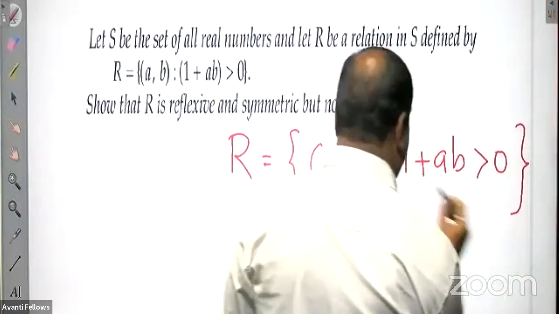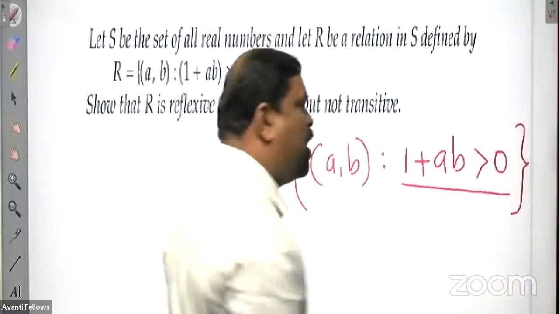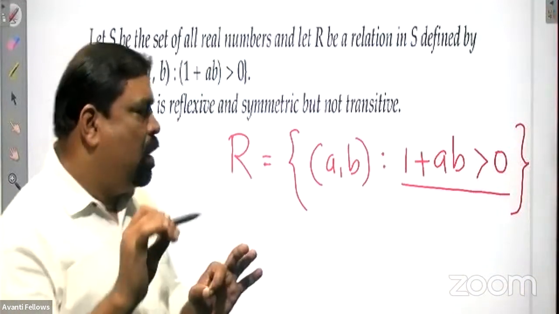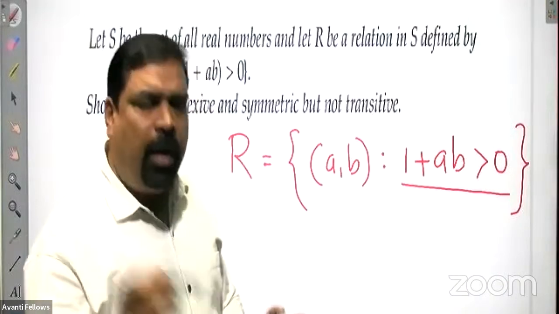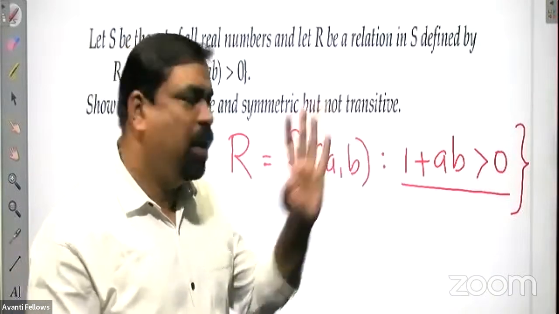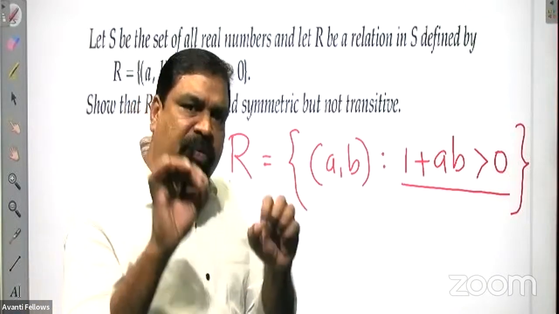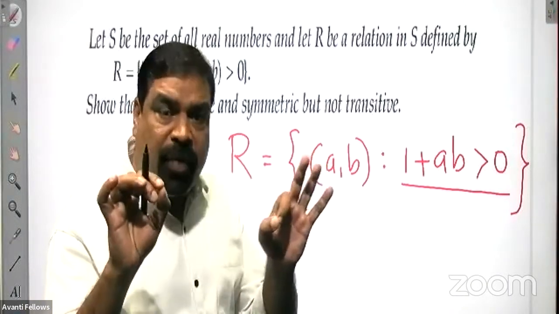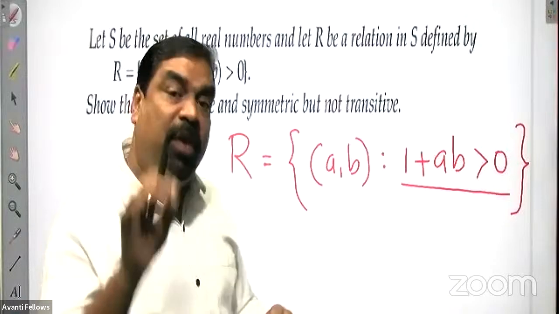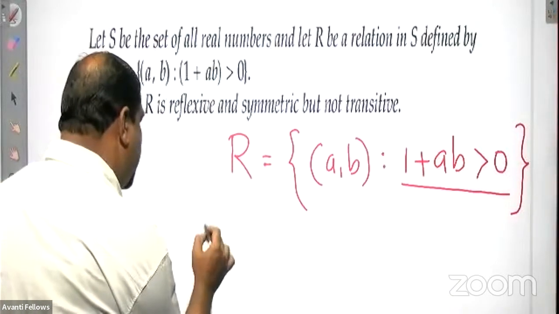Then we say that A comma B is in the relation. Clear? So first thing is we have to prove it reflexive. So first one, reflexive.